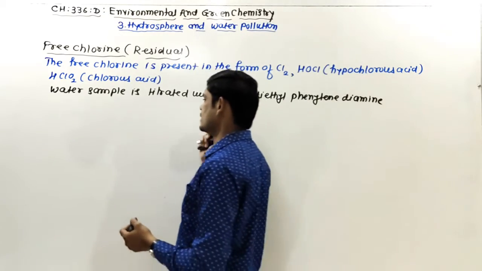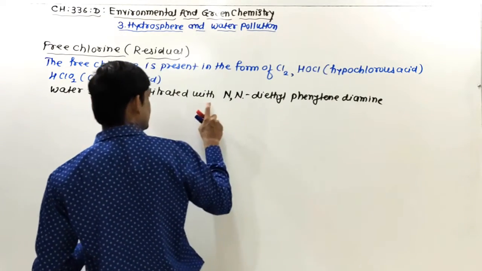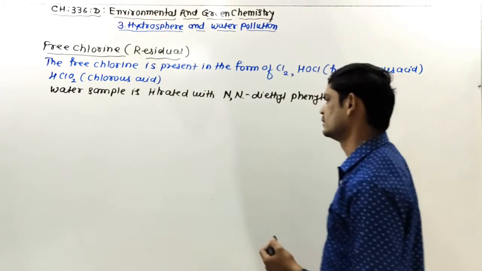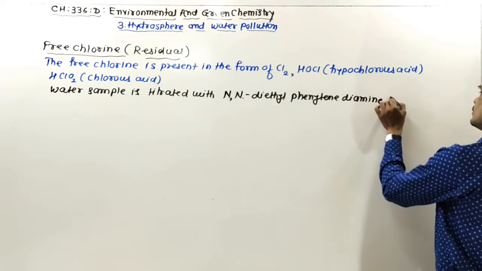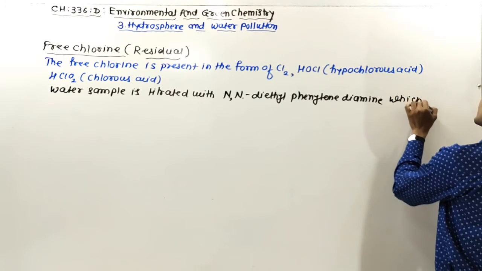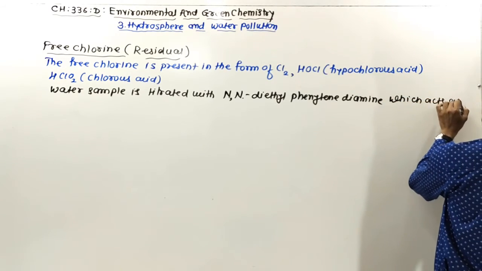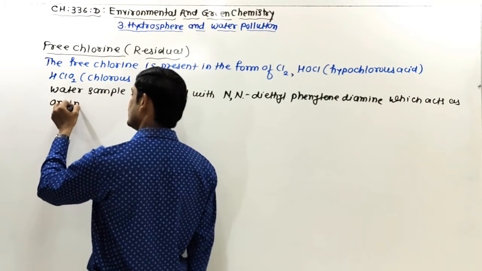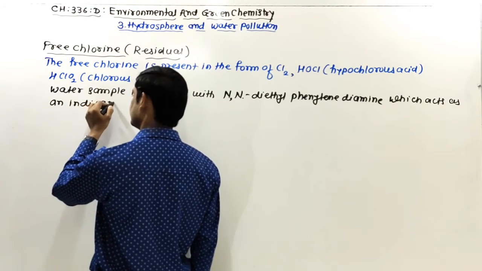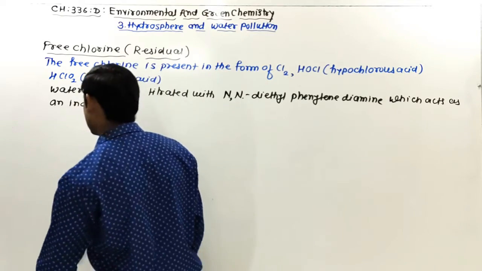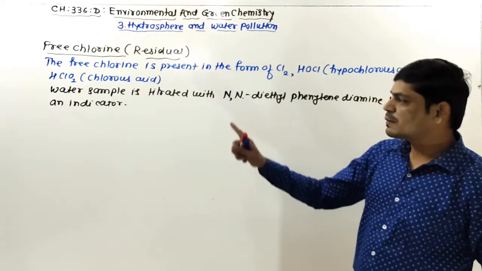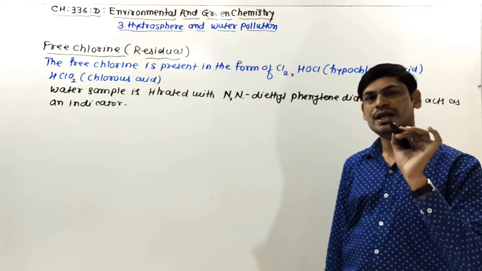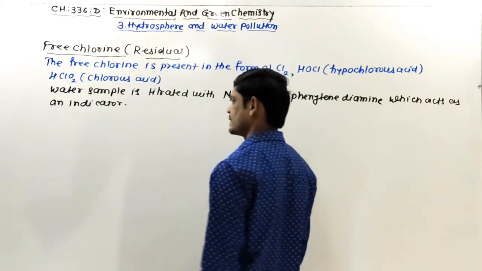The water sample is treated with N,N-diethyl phenylenediamine, which acts as an indicator. This free chlorine reacts with the indicator to form a red colored complex.